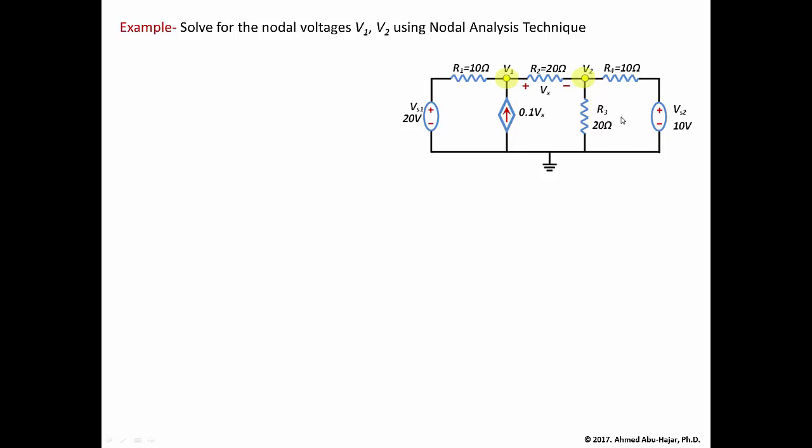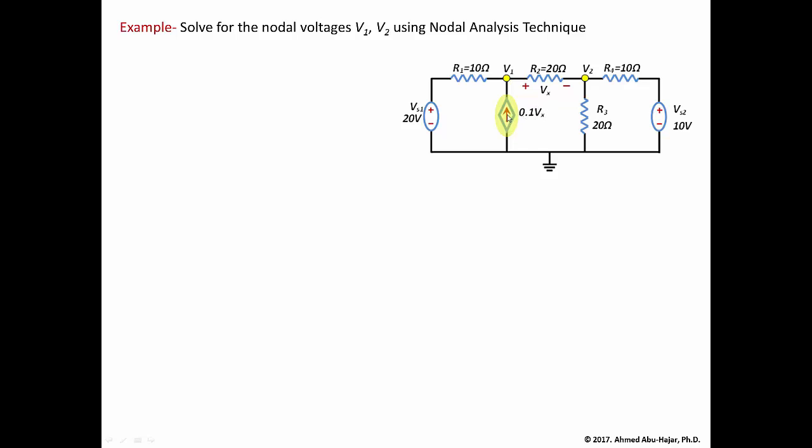Once you have determined all the nodes in the circuit and the unknown nodes in the circuit, the next thing you need to recognize is that there is a dependent source connected in the circuit. Now this is a current source, because it has an arrow. Basically, the value of this current source depends on Vx.